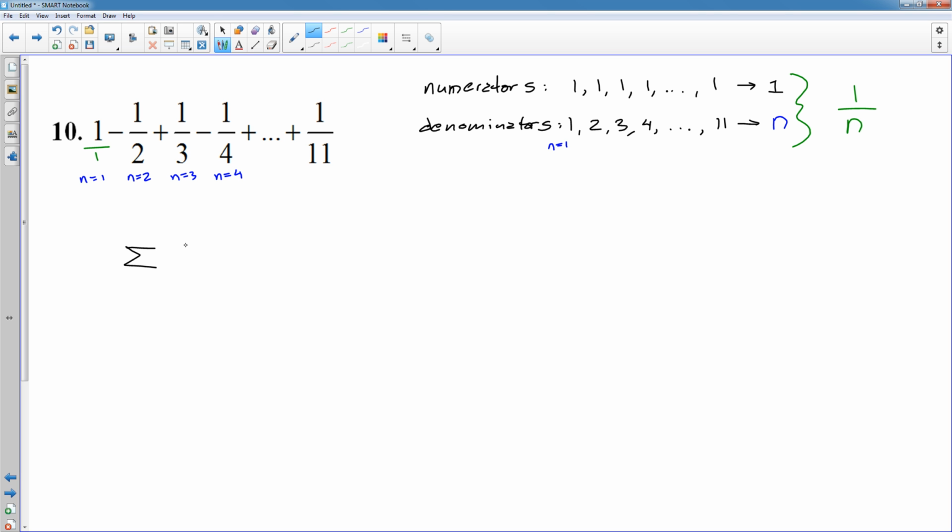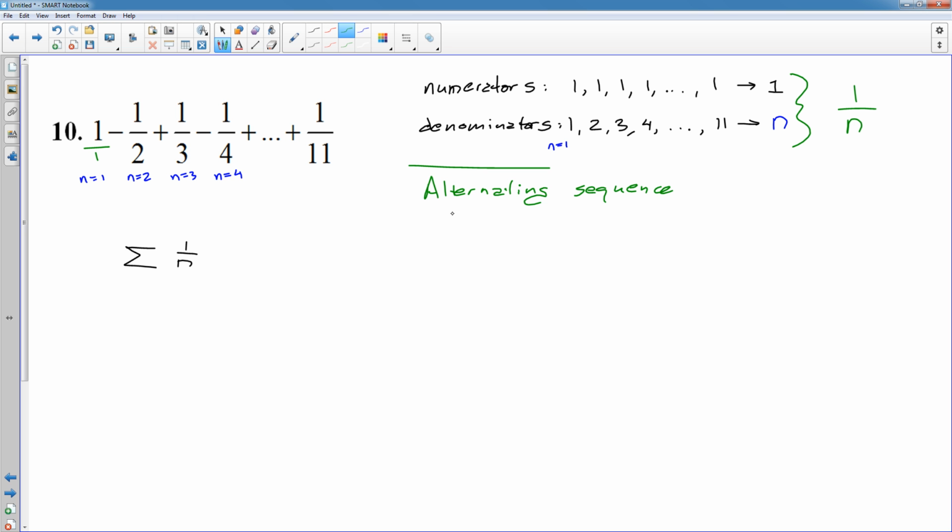of the formula 1 over n, except I've ignored one little part. The other part of this, it's going to make it a little bit tricky, is that my first term is positive, my second term is negative, my third term is positive, then negative, then positive, and then we skip some and we finish with a positive. But this is also an alternating sequence.